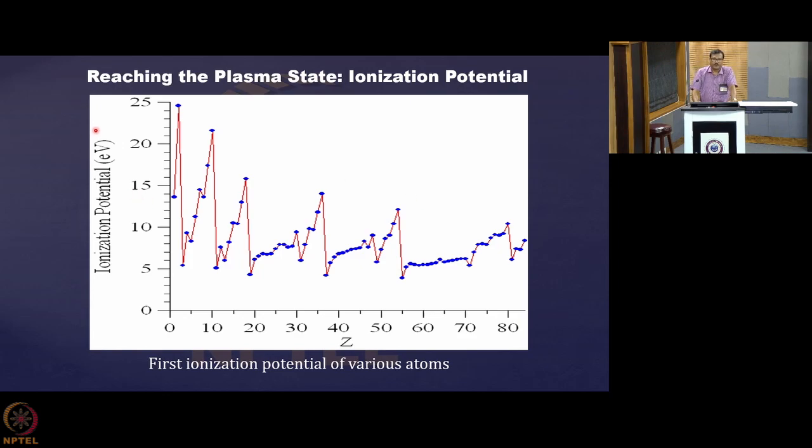That is the falling trend, while the zigzag arises because of filled and half-filled orbitals.